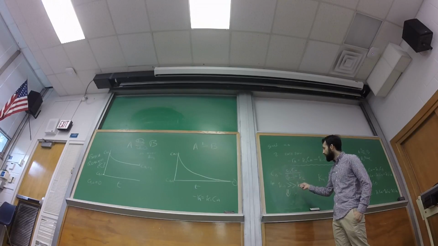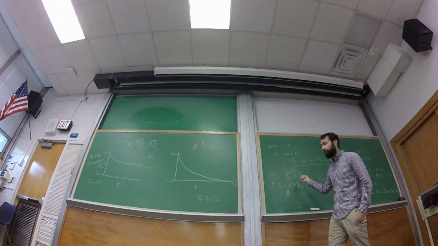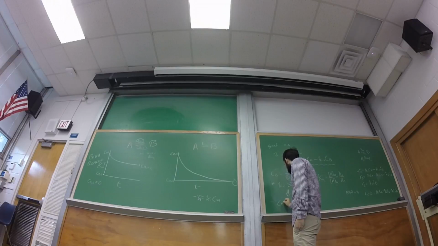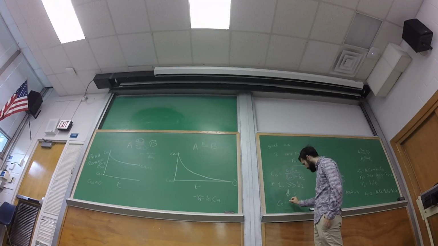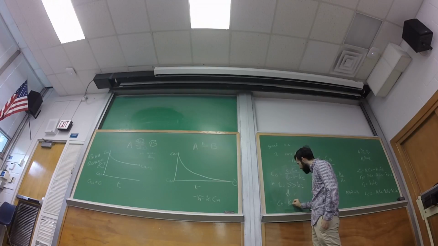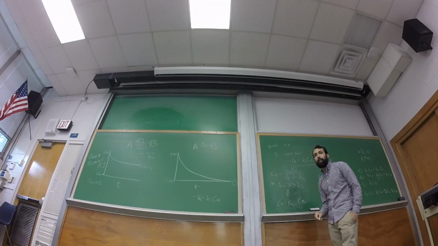The k2 drops out. Okay, so you get C_B. What's the ratio of these two rate constants? Big K equilibrium times the concentration of A.